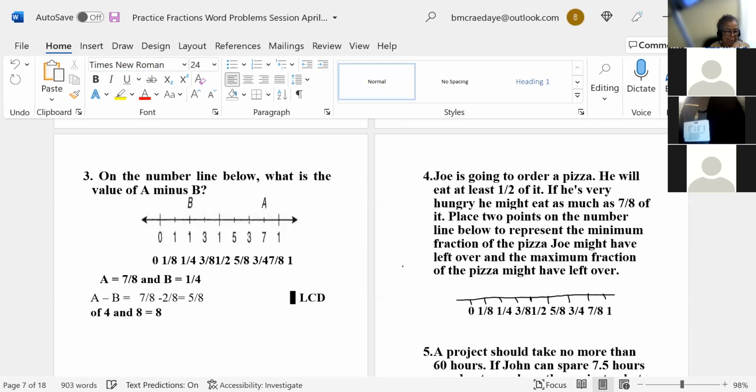Maureen, you follow that? Yeah. See, you have to get a number that both 8 and 4 divide into, not the opposite. All right. So 7/8 minus 2/8 would be 5/8, and that's your answer.